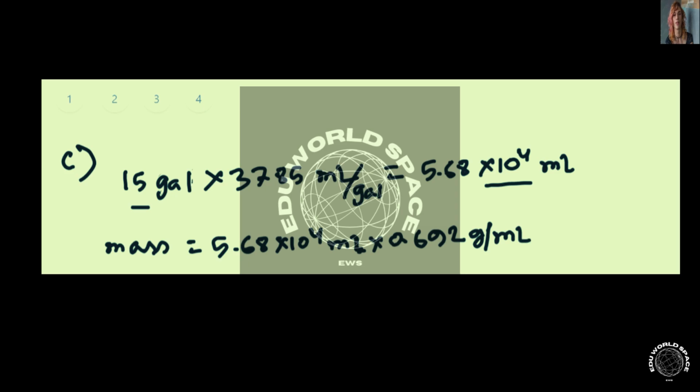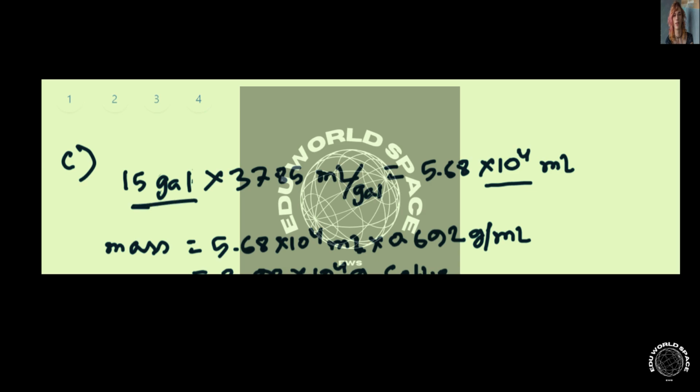And from here the value will be 3.93 times 10 to the power 4 gram octane. So this is the mass of octane for 15 gallon octane.